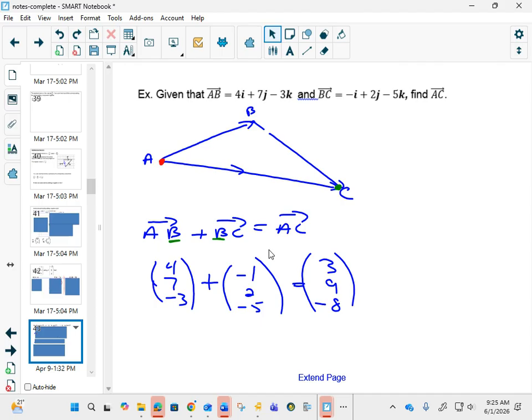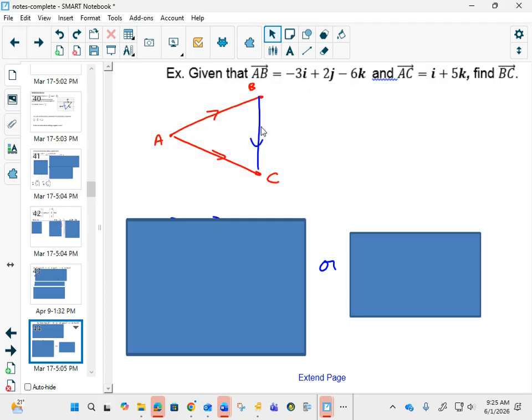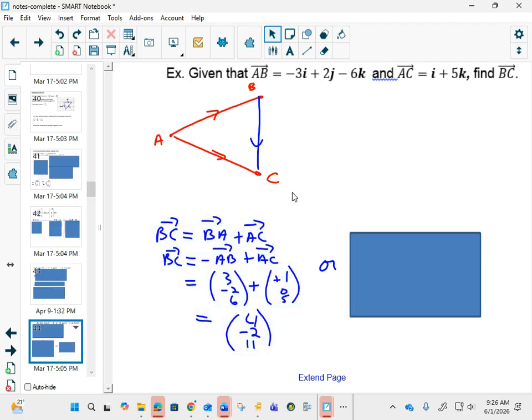And we'll just do the example at the bottom. Well, we got two more actually. You can see if you did this one. Again, I would draw A to B and A to C. If I want to find B to C, it makes sense that I go from B back to A and then go from A to C. So B to C will be B back to A and then A to C, but I don't have BA.